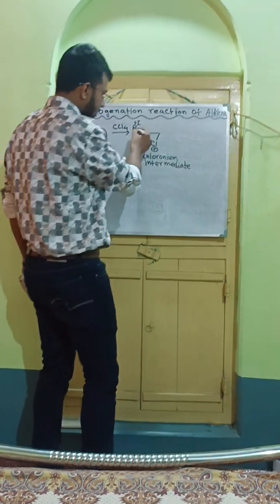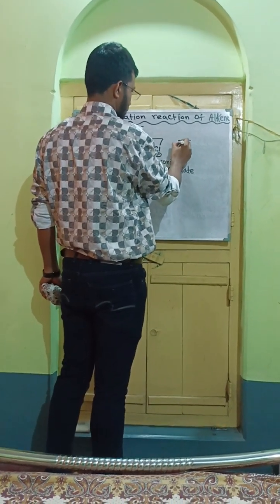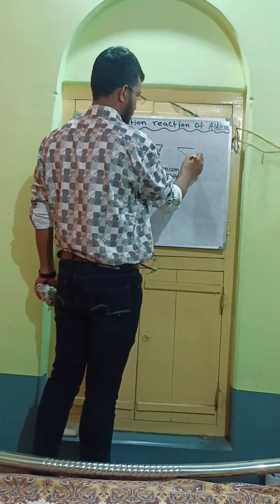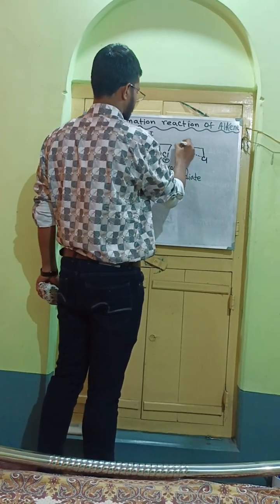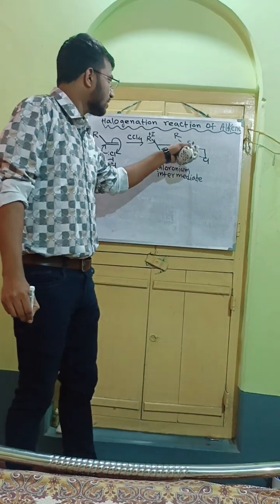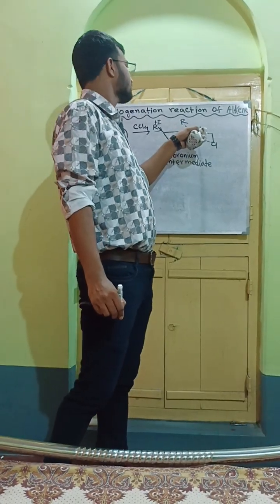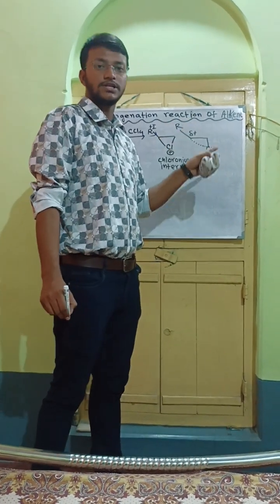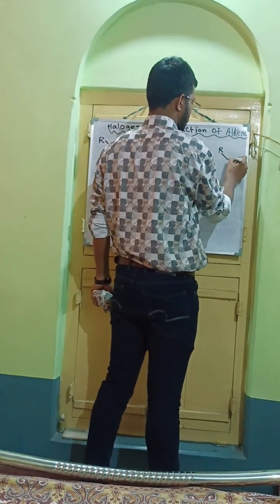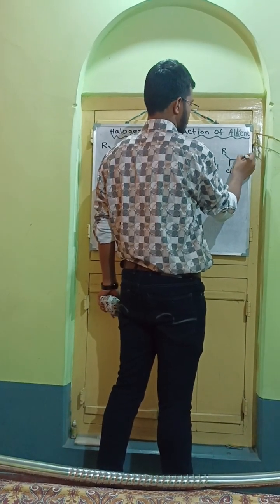That's why it makes another type of intermediate-like situation, that is Cl with R delta positive charge. Why this carbon? Why is this carbon delta positive? Because this delta positive charge will be more stable compared to this one, Cl delta positive.